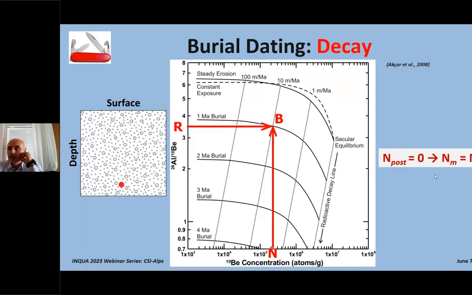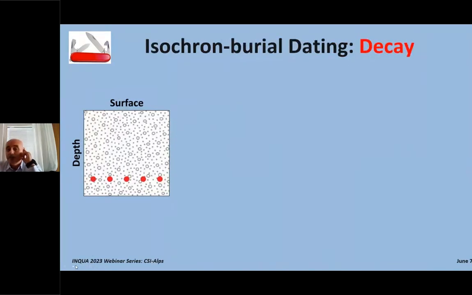However, you have a requirement that there is no post-burial production, that you have a saturation of cosmogenic nuclides before the burial, and that you cannot have reworking. That's why I think we violate this in glaciofluvial deposits, especially when you have glacial erosion.